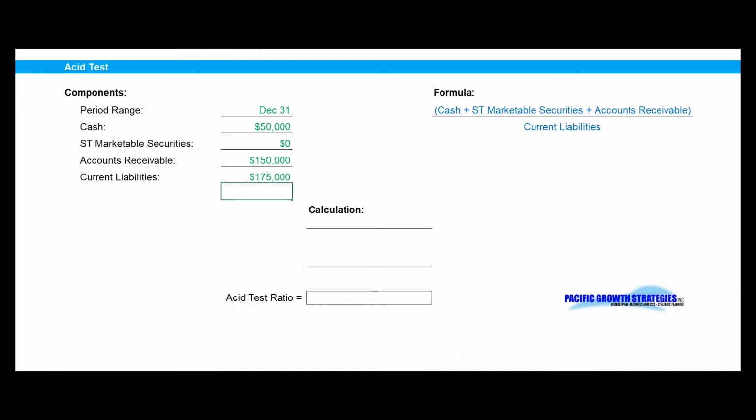So we have our formula and our components. Now let's take a look at the calculation. We'll start off by adding our cash, $50,000, plus our short-term marketable securities, which are 0, and our accounts receivable of $150,000.